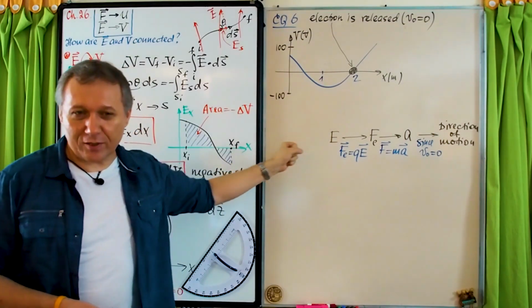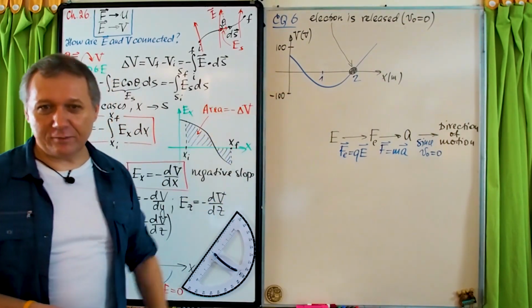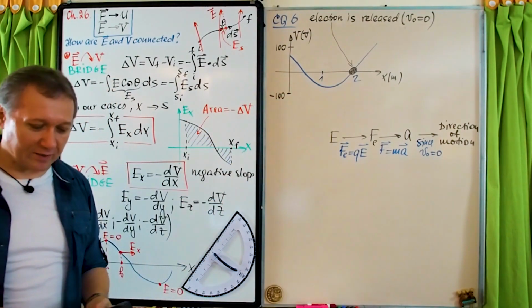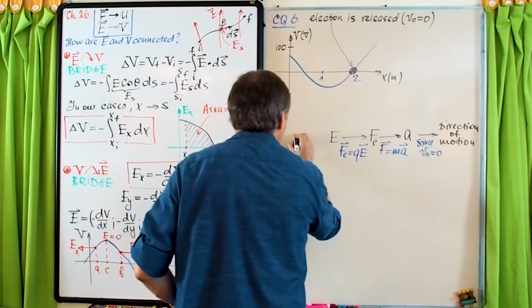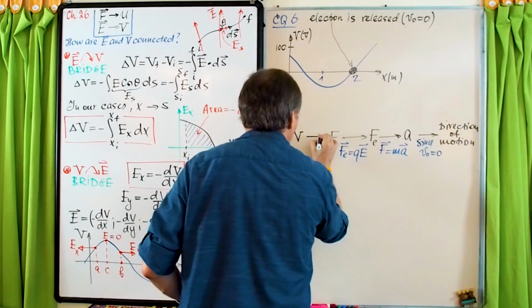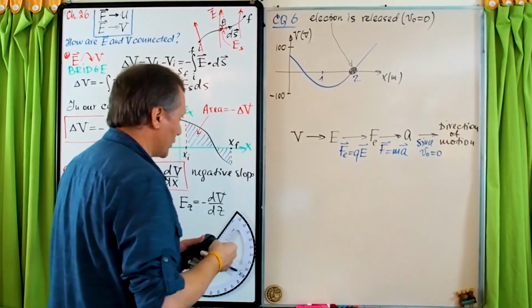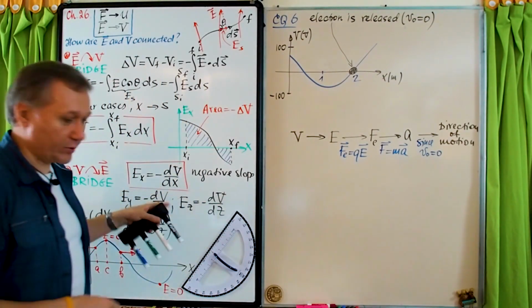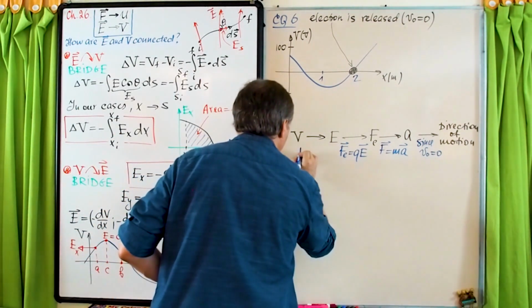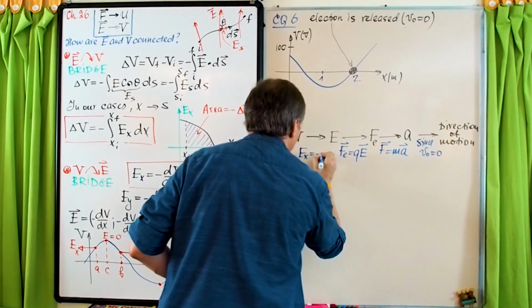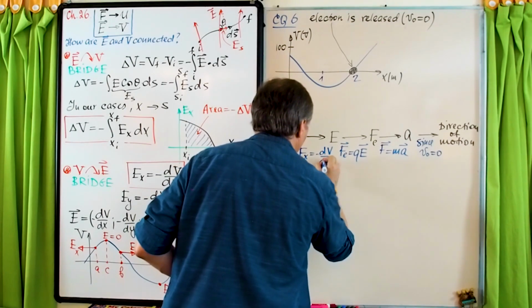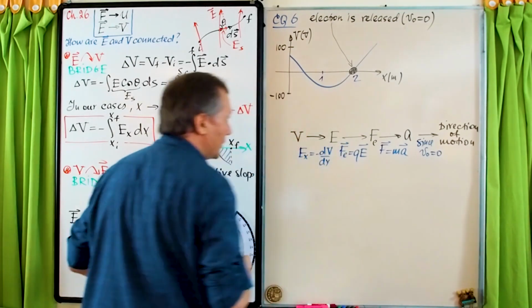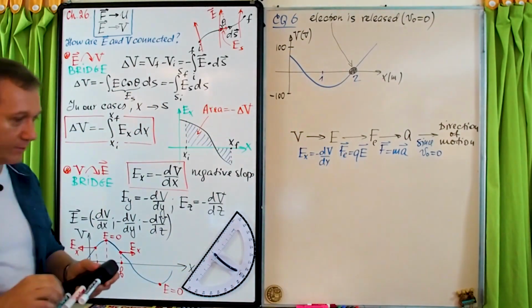We can get information about the electric field if we have information about the electric potential. All right, so that's the initial step. So from V, we can move to the electric field. And of course, what we have to use is this bridge: Ex equals minus dV over dx, right?